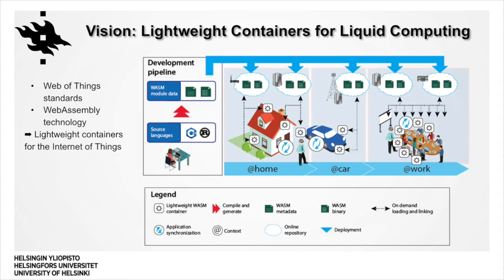This metadata file describes the requirements for the module, so that other modules can leverage these new modules. In our vision, the idea is that these modules could then be deployed to all kinds of smart network nodes, like smart routers, and of course to cloud services and other kinds of edge servers.